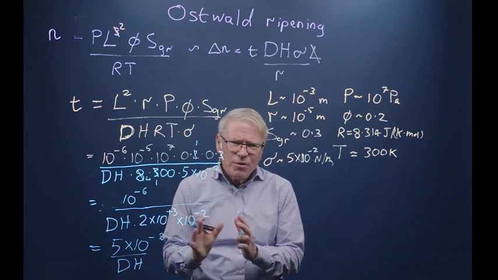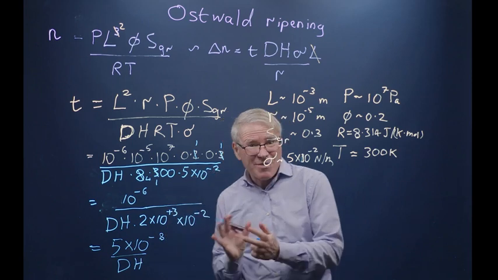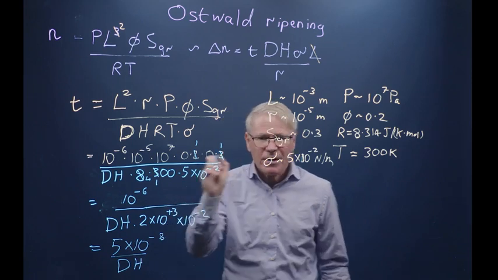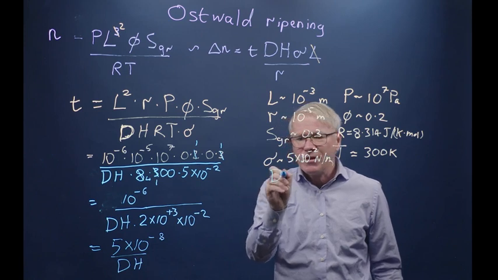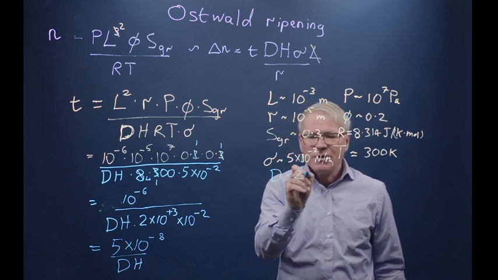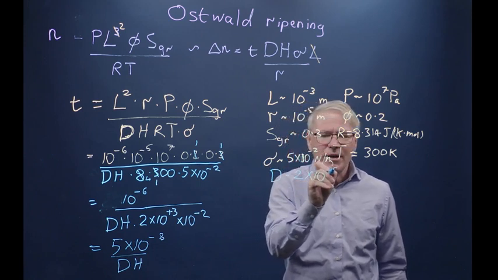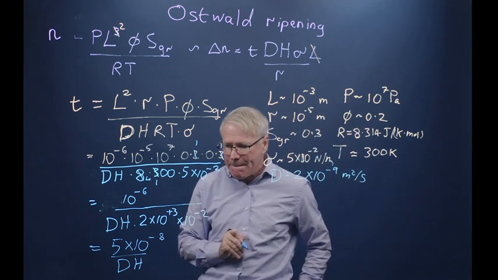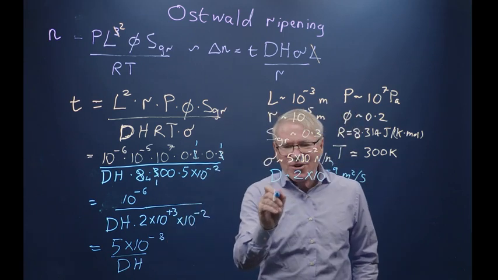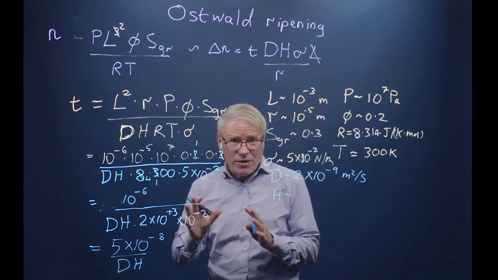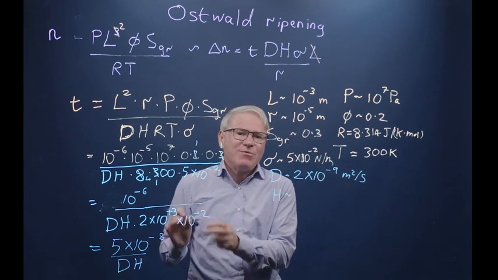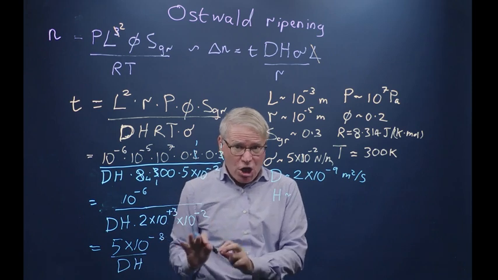Okay, so a relatively small molecule dissolved in water normally has a diffusion coefficient about 10 to the minus 9 meters squared per second. So the diffusion coefficient I'm going to use here for hydrogen is 2 times 10 to the minus 9 meters squared per second. And this accounts for the porous medium. Then Henry's constant. Well, Henry's constant had these strange units. Remember, concentration was moles per meter cubed.